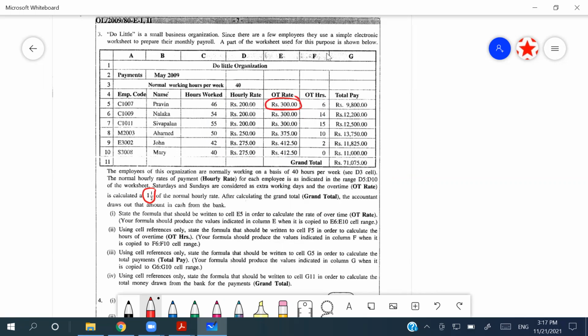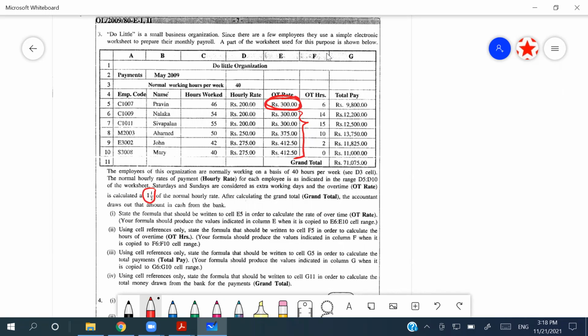They have said your formula should produce the values indicated in column E when it is copied to the E6 to E10 cell range. So whatever you write here is going to be copied to these places, and it should show the OT rate accordingly. Why is something like that given? Because you have to figure out whether you are going to use absolute cell reference or relative cell reference, according to the requirement.